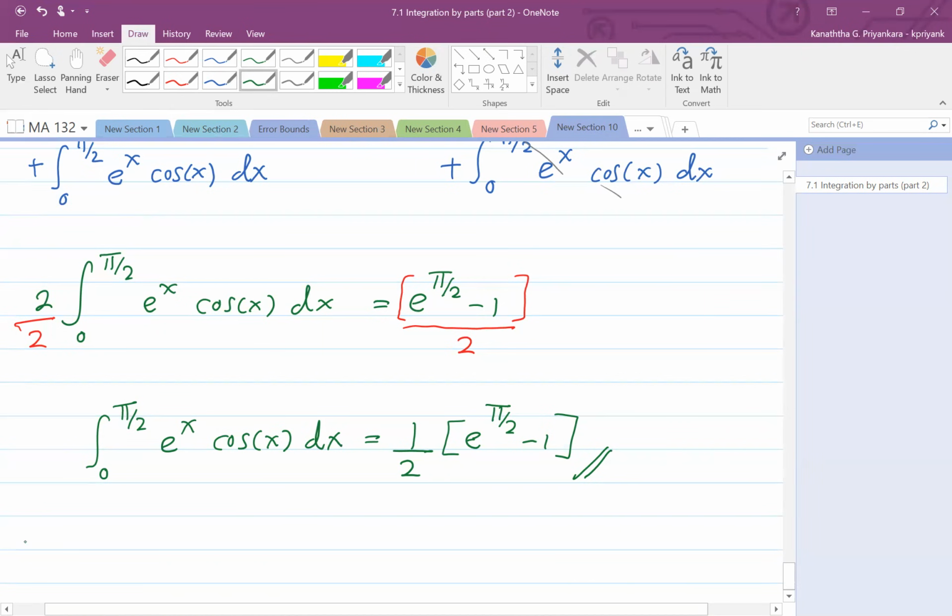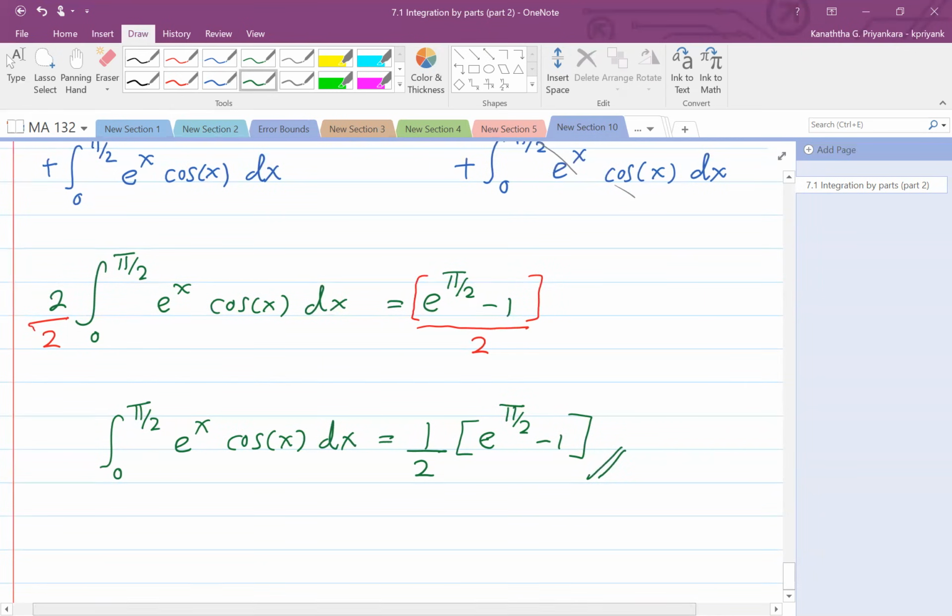I'm going to evaluate the following integral. So evaluate the integral of x to the power 10 times ln of x dx.